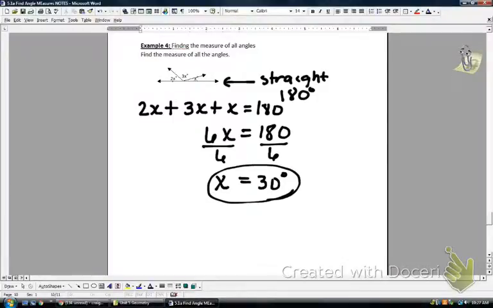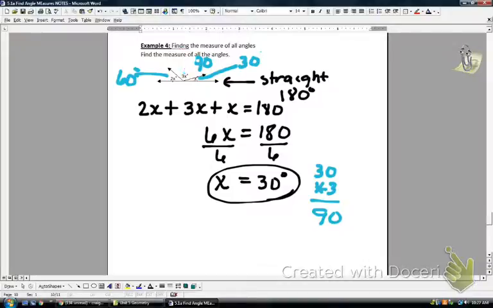So when I go back up to my picture, this angle is x, so it's 30 degrees. Then this angle here is 3 times x, so 3x would be 30 times 3. So this angle is 90. And then this angle right here is 2 times x, which is 60.